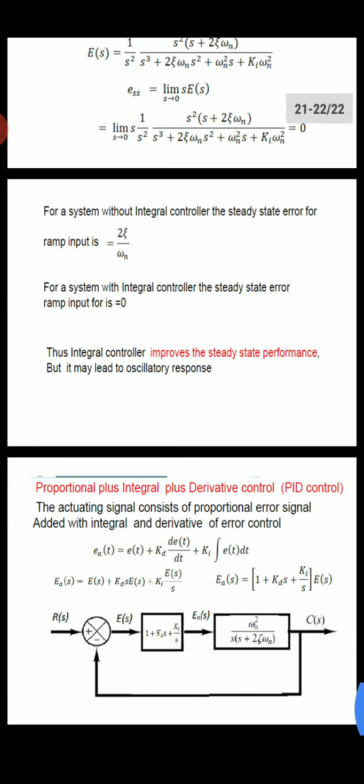Next, we shall go for the proportional plus integral plus derivative controller. Now three controllers we are adding: proportional, integral and derivative.